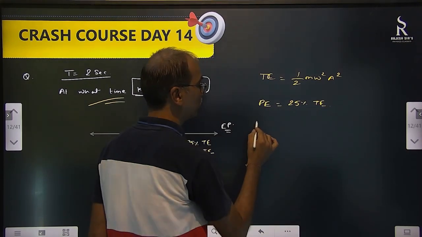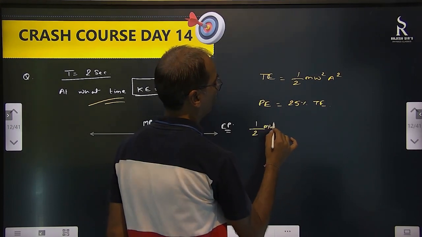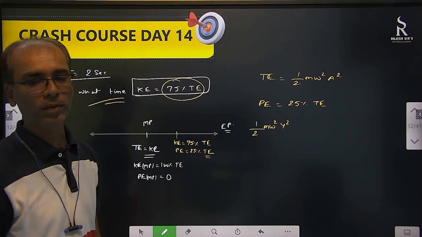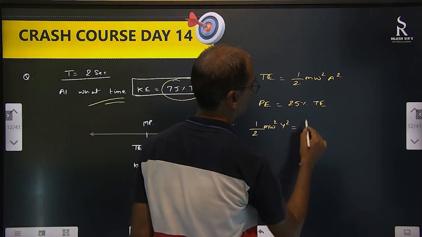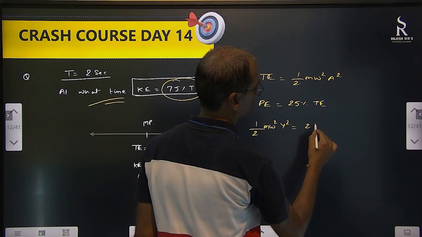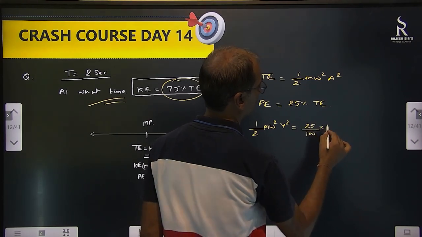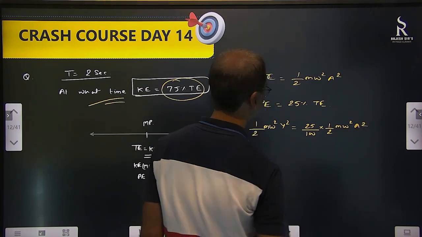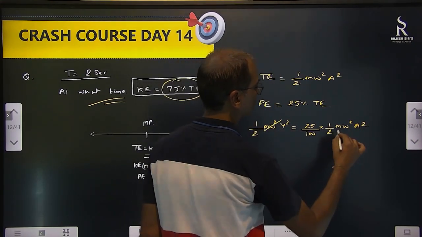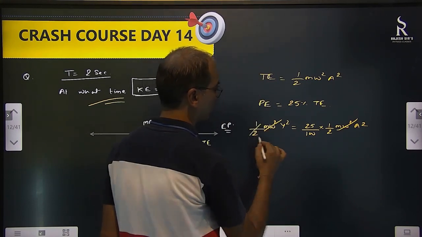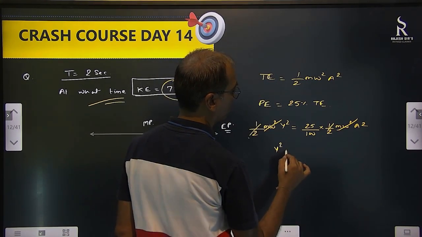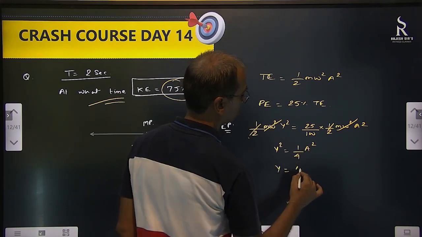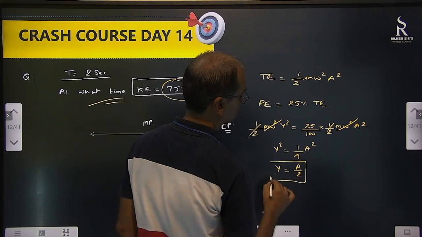So potential energy formula, half m omega square y square, equal to 25 by 100 into half m omega square a square. So m omega square you can cancel, then half also you can cancel if you want. So y square equal to 1 by 4 a square. That means y equal to a by 2.